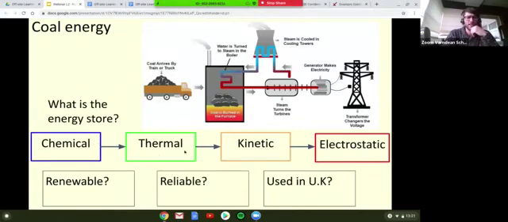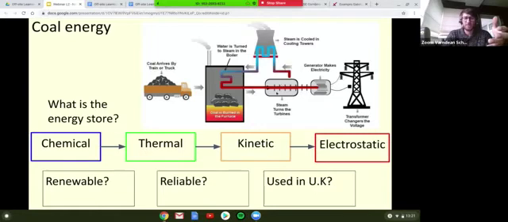Again, this thermal energy is going to be heating some water in here, which turns into steam as it gets hotter and hotter, and it starts to boil through the pipe here, which is going to be turning some turbines again. So we love the use of turbines in generating electrostatic energy. There's pretty much always a turbine involved, okay?